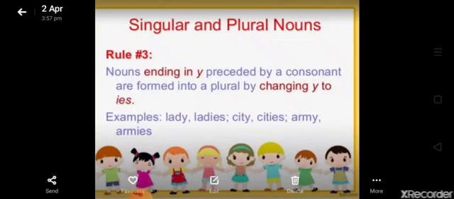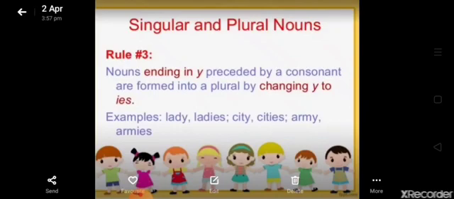Whenever we are making the plural, we just remove y and write in place of y, i, e, s. So, lady, ladies; city, cities; army, armies.